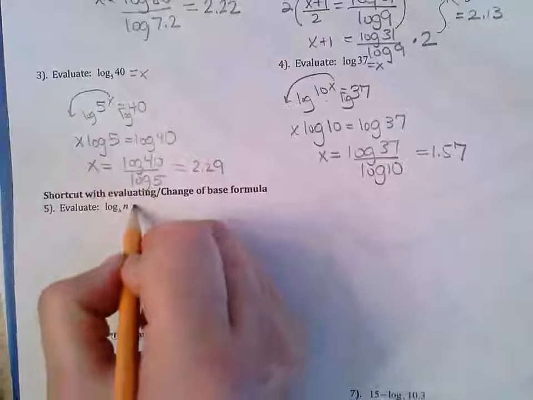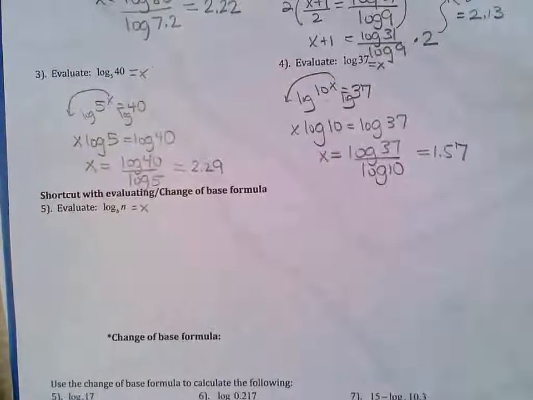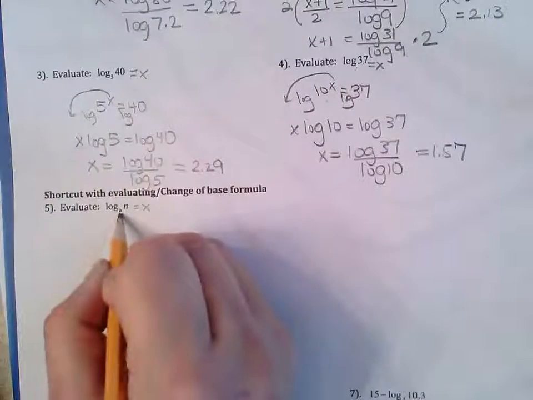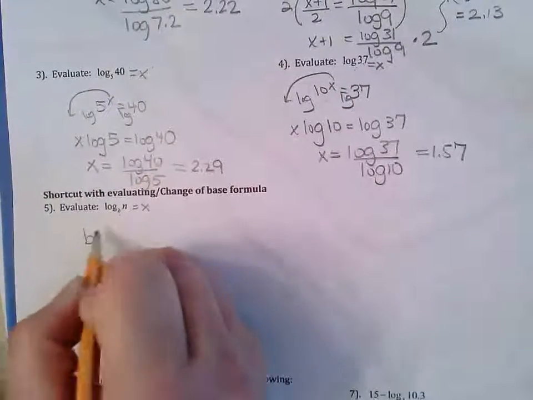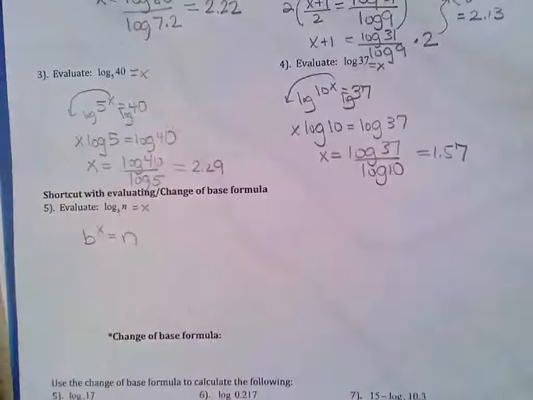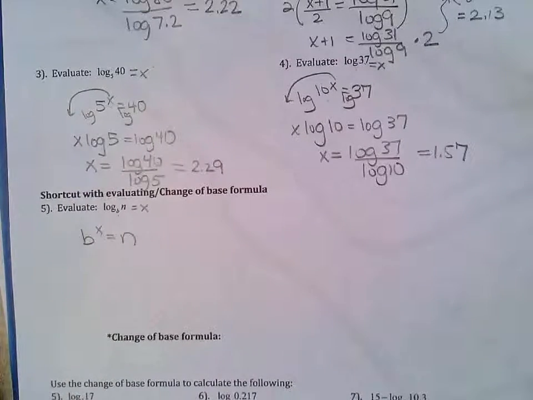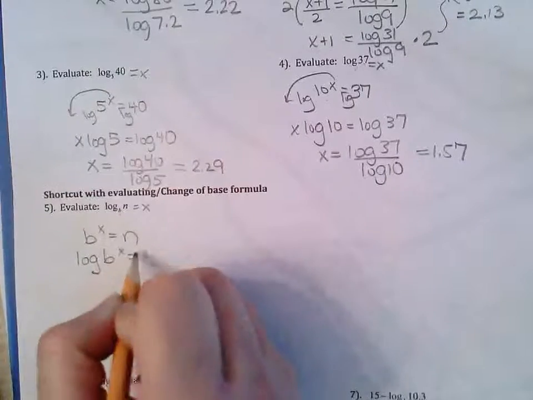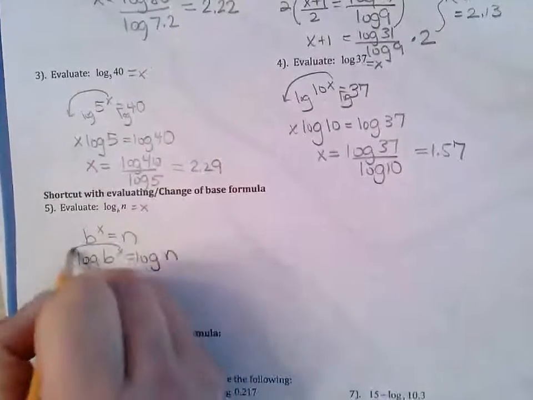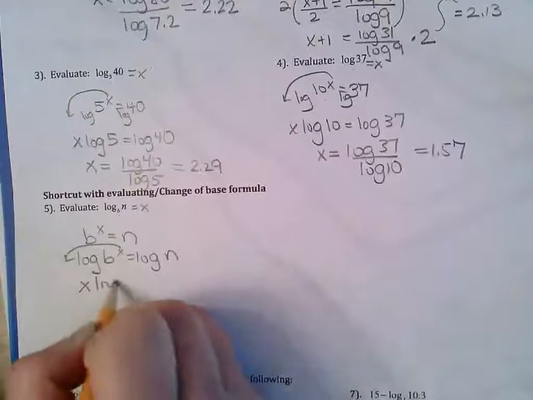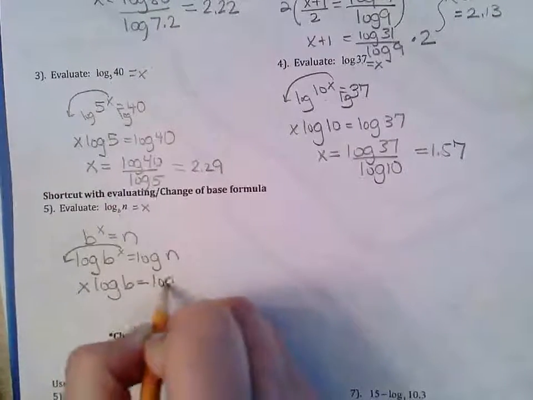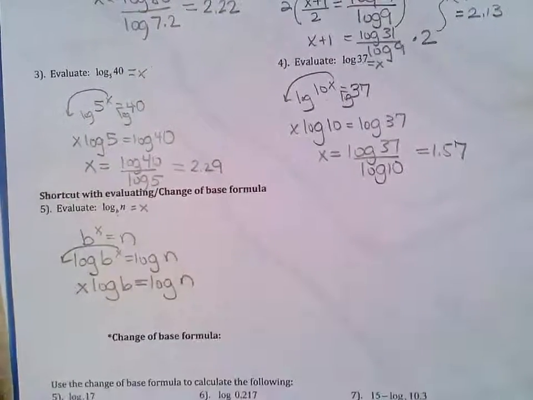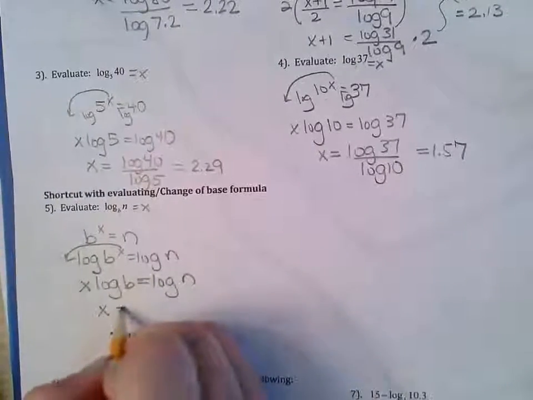So just like the ones above, I'm going to introduce an x here to figure out what this is coming out to be. Converting to exponential form, it's base to my exponent equals my argument. So b to the x equals n. I can't get b and n to be like bases, so I'm going to take the log of both sides to get the x out of the exponent position, giving me x log b equals log n, and then I'm going to divide by log b.